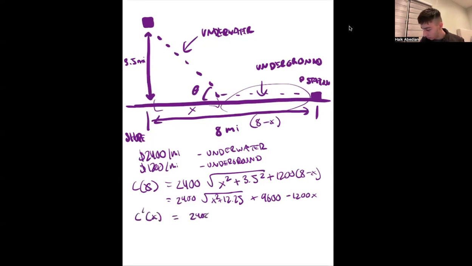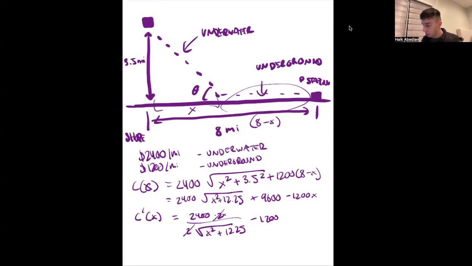We have our 2,400, and we cannot forget the 12.25, minus 1,200. We can get rid of these because those cancel out. We're left with 2,400x divided by the square root of x squared plus 12.25, minus 1,200.